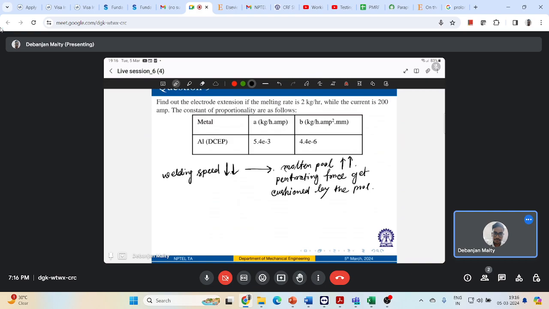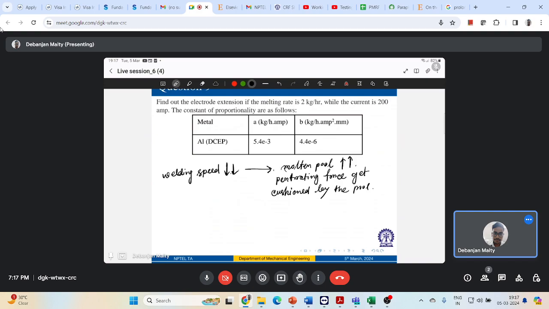If there is an increase in electrode extension, electrical resistance increases, because if my length increases, my resistance also increases. This causes resistance heating of the electrode extending length, resulting in additional heat generation. So my electrode melting rate will increase due to this additional heat generation if I increase my electrode extension.